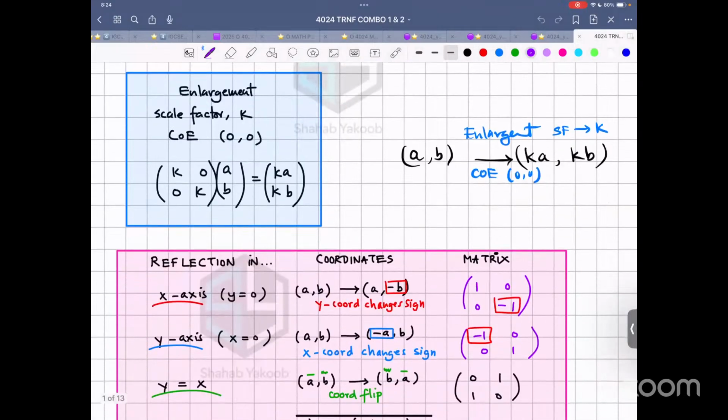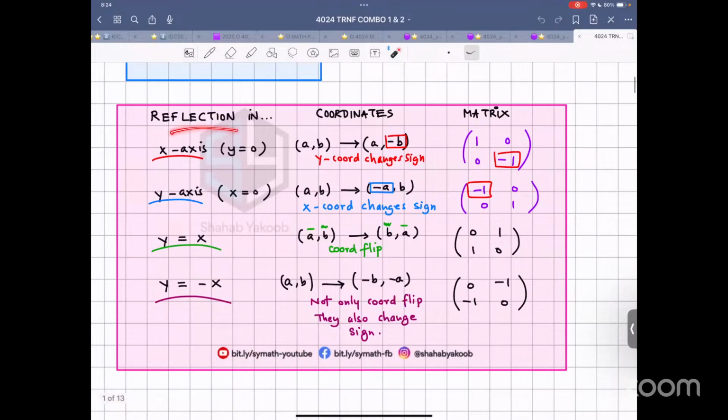Matrices are not there in the syllabus, but the concept is when you do enlargement scale factor K, a point such as AB becomes KA-KB, right over here. When we are talking about reflection in x-axis, y-coordinate changes sign. When we are talking about reflection in y-axis, x-coordinate changes sign. When we are talking about reflection in the line y is equals to x, AB becomes BA, coordinates flip.